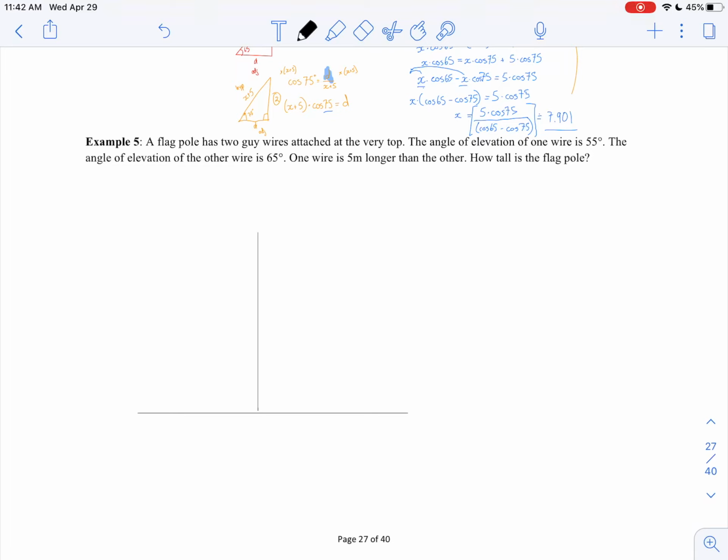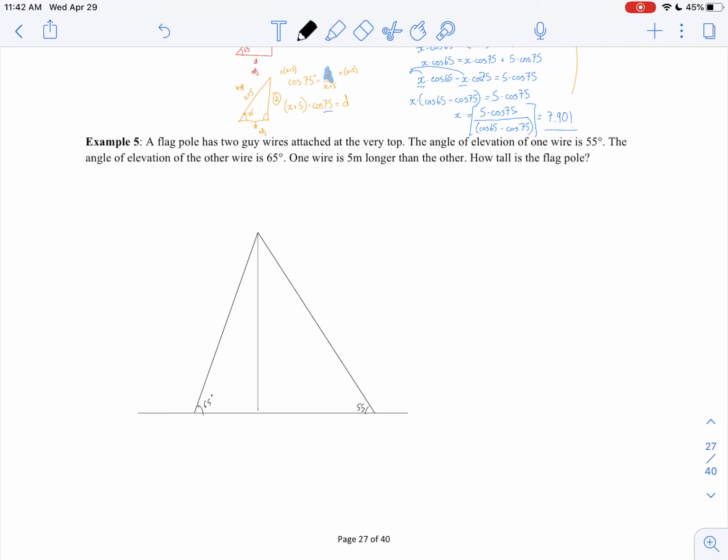So obviously if you have a steeper wire, it's going to be closer to the actual flagpole. So that's going to be my 65 degrees, a little steeper angle of elevation, whereas the other one attached to the very top of the flagpole only has an angle of elevation of 55 degrees. So it's not quite as steep.